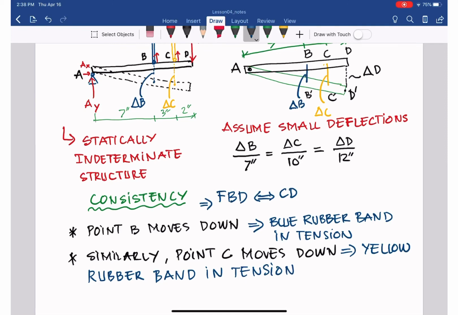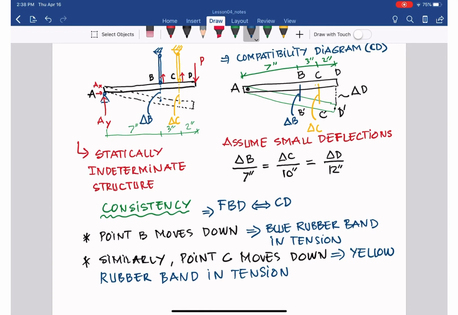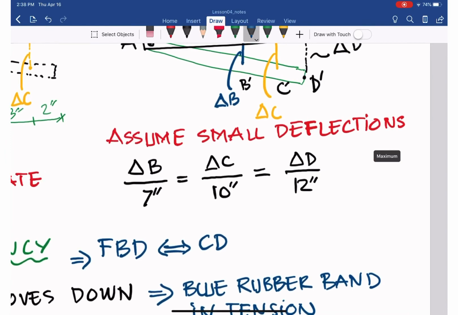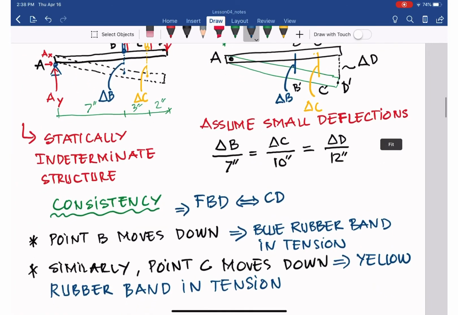So in tension or in compression, you have to check what the behavior should be, so that we can use the equilibrium equation from the free body diagram and the equation from the compatibility diagram simultaneously.